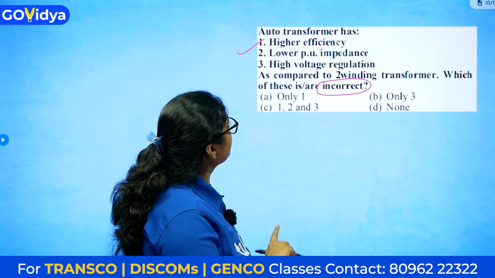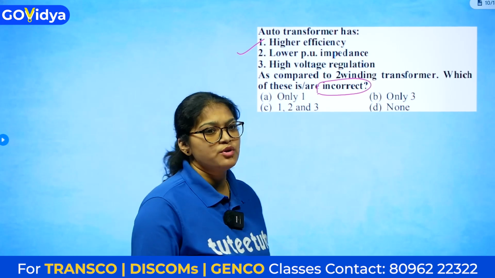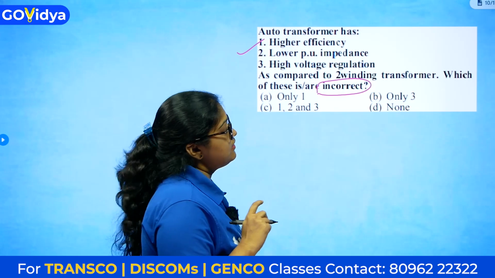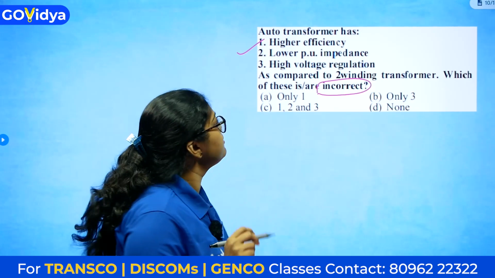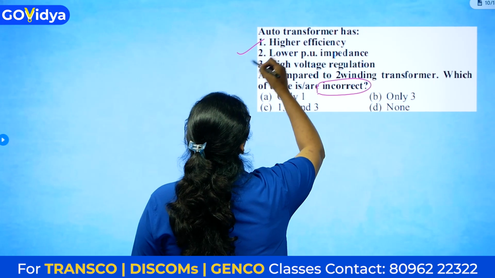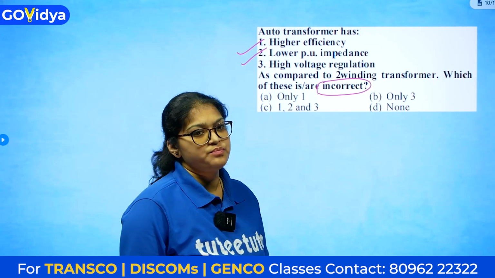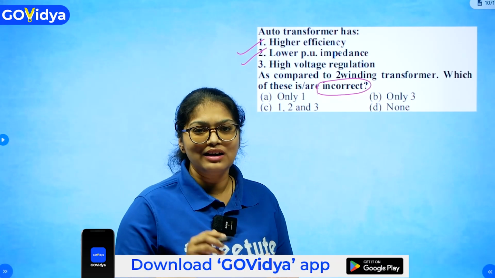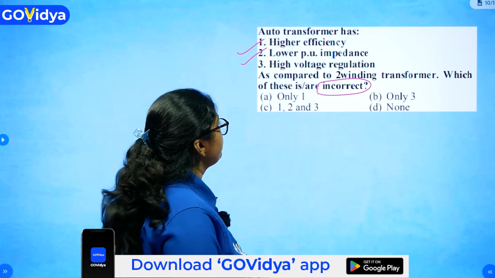Coming to the second statement, it has the lower per unit impedance. Yes, the auto transformer has lower per unit impedance, because it uses a shared winding. Coming to the third statement, high voltage regulation. In general, the auto transformer will have better voltage regulation, not higher voltage regulation, compared to the two winding transformer.